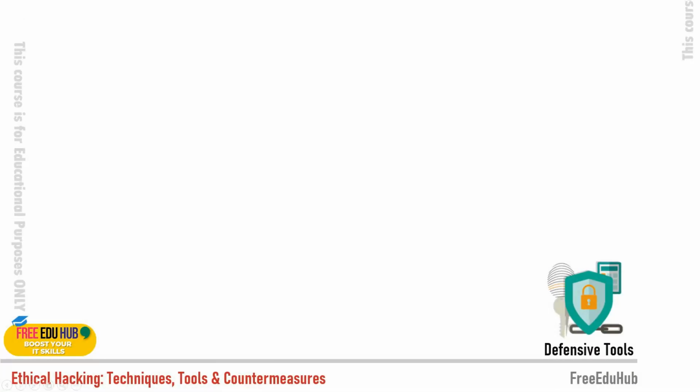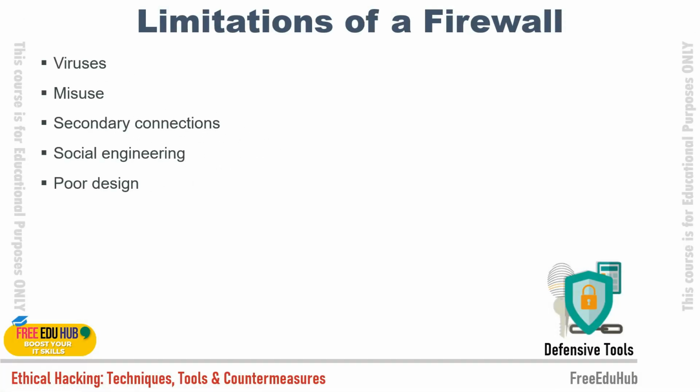Next are the limitations of firewalls. Firewalls have limitations that need to be understood to maximize their effectiveness. Simply relying on a firewall without considering the capabilities and the specific threats it can address may lead to ineffective security measures. Some of the areas where firewalls provide little or no value in stopping threats include, first of all, viruses.